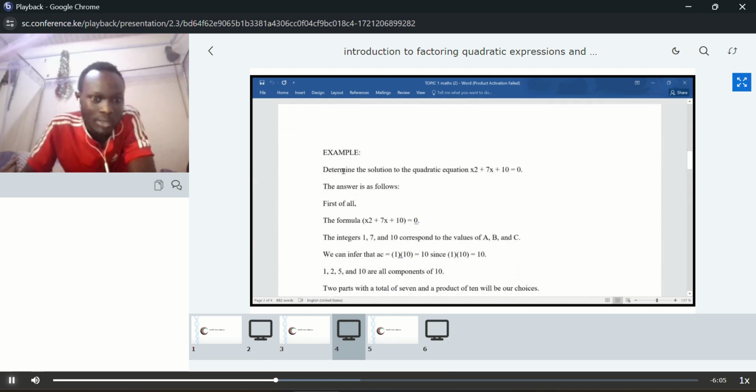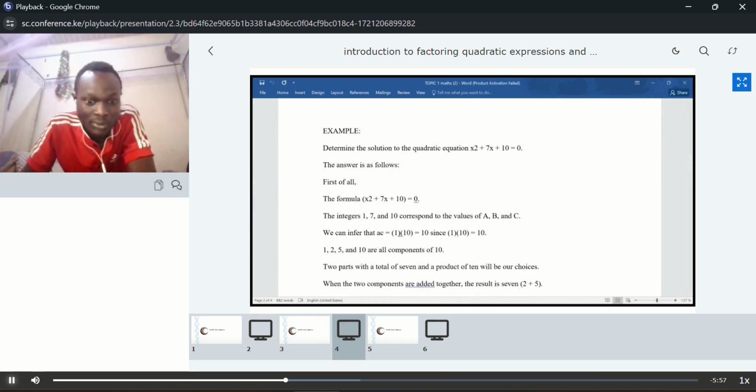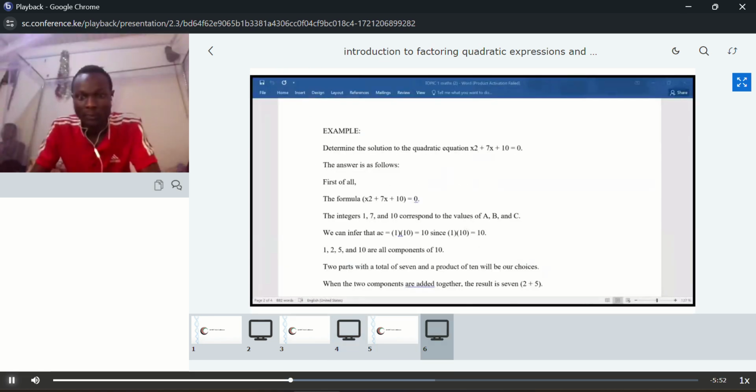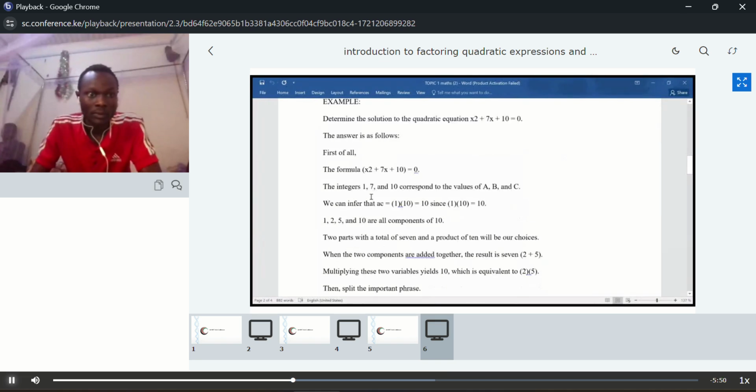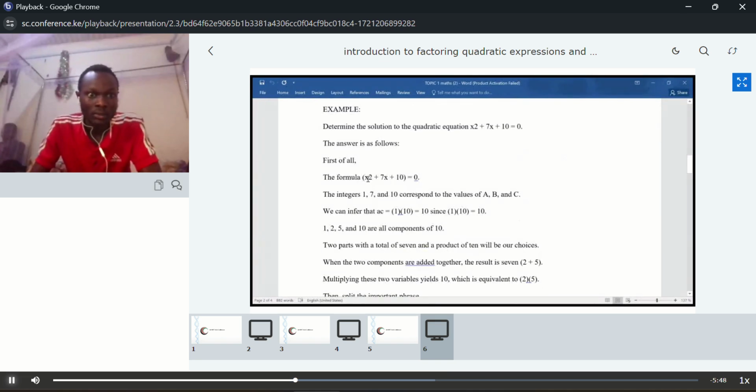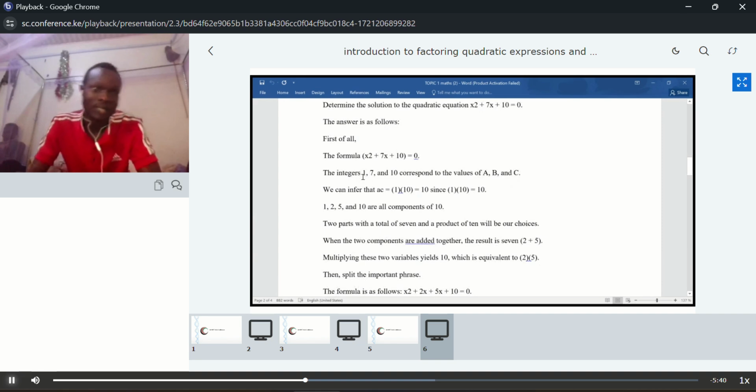Example: determine the solution to the quadratic equation x squared plus 7x plus 10 is equal to 0. The answer is as follows. First of all, the formula is x squared plus 7x plus 10 is equal to 0.